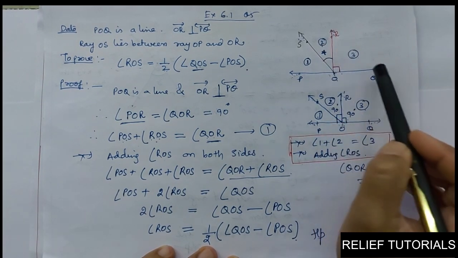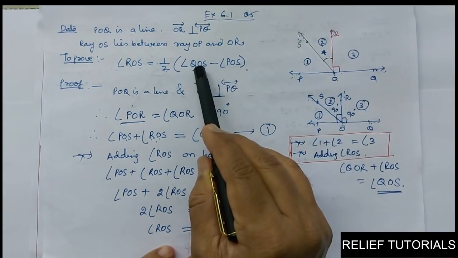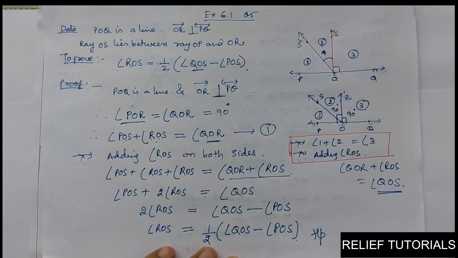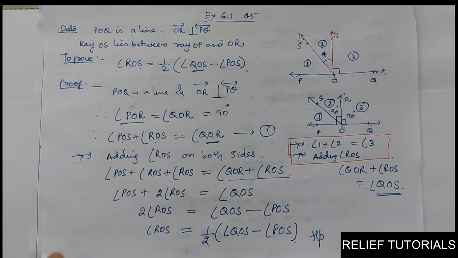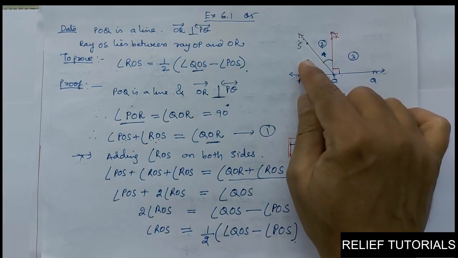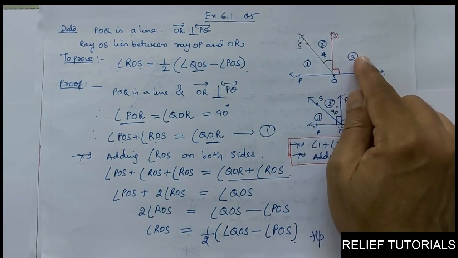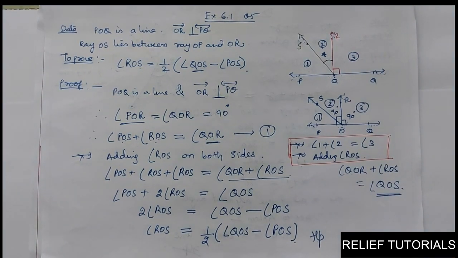We require QOS in our proof. So in short, the moral of the story is you have to remember this rider based on these 2 points: 1 plus 2 is equal to 3, and adding ROS on both the sides. I hope you understood it.